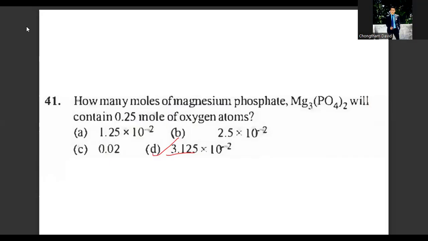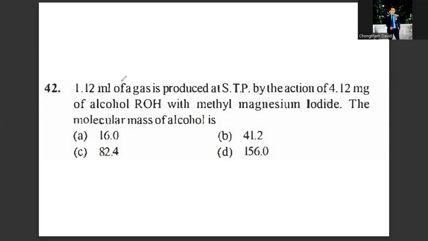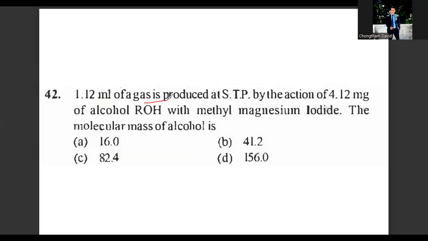Question number 42. You read the question. 1.12 ml of gas is produced at STP by the action of 4.12 milligram of alcohol with a Grignard reagent. The molecular mass of the alcohol is. If I consider the alcohol as ROH and x is the molecular weight, this we have done in the chapter of alcohols, phenols, and ethers, where an adduct forms, thereby giving methane gas.